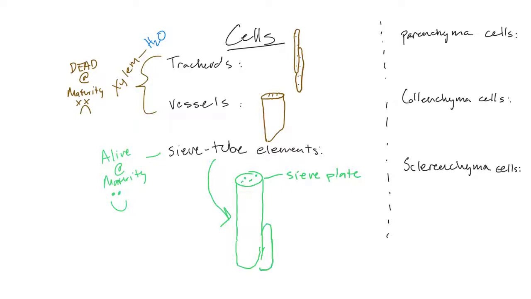And then they also have cells surrounding them called companion cells. Okay, and the companion cells help to move fluid in and out, and then also helps the sugars in and out. It may actively or passively transport them in and out of the sieve tube elements.